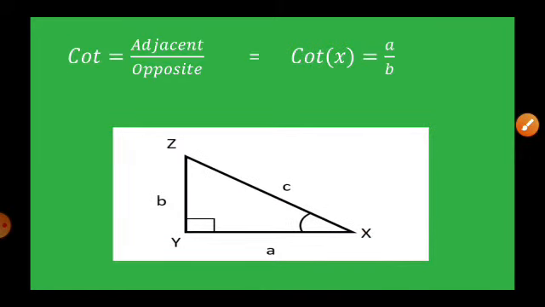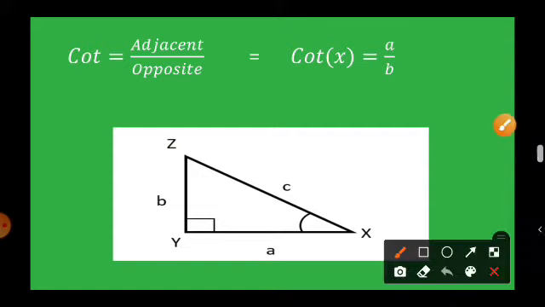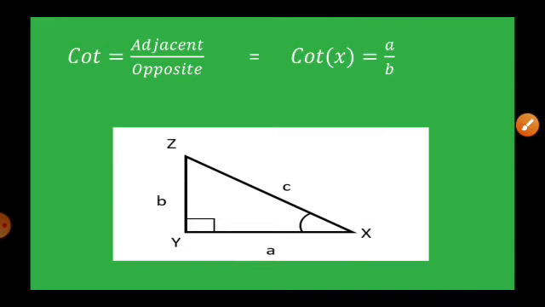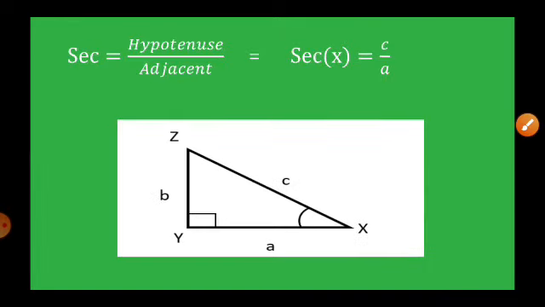So the first function, other than the three, is the cotangent, equal to adjacent over opposite. With the angle in question x, its adjacent side is A and the opposite side is B. Therefore, the cotangent of x is equal to A over B. The secant is equal to hypotenuse over adjacent.